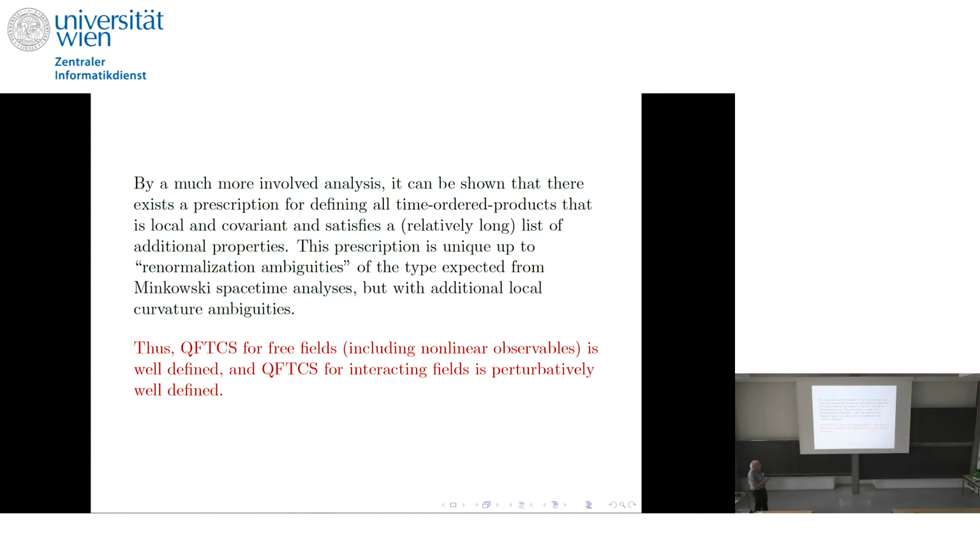And there's a rather long list of additional properties that you need. I mean, the time-ordered product, once you've defined all these nonlinear observables, the time-ordered products of them should be just that string of observables in the right time order when they're smeared with wave functions that don't overlap each other.